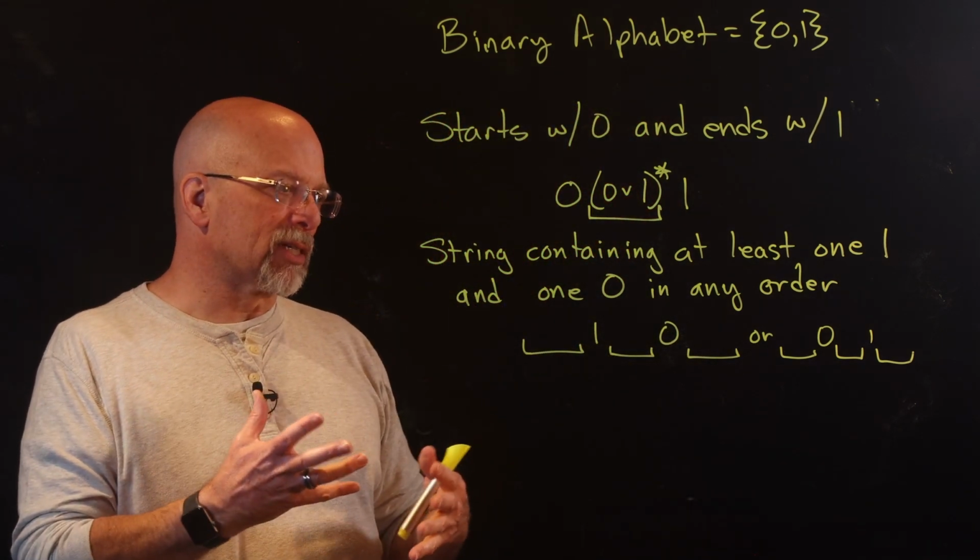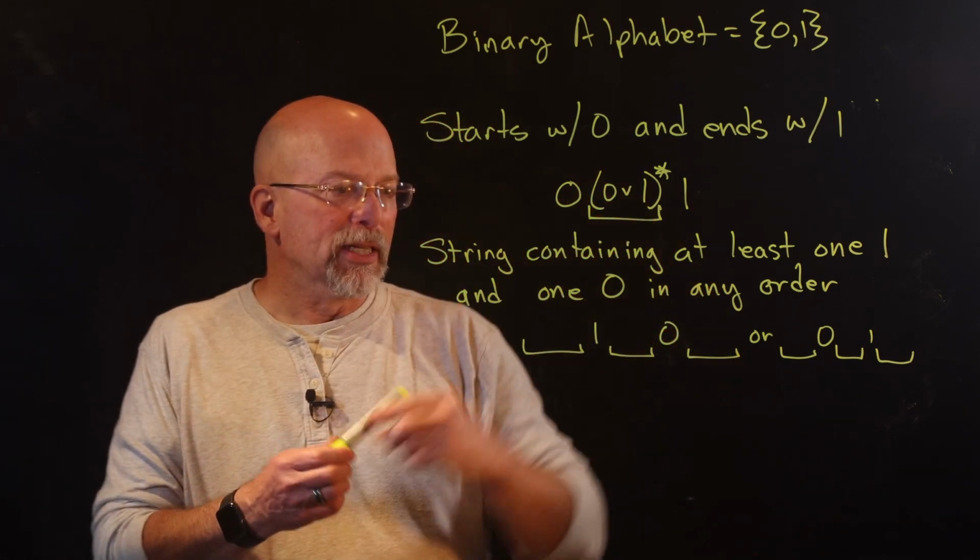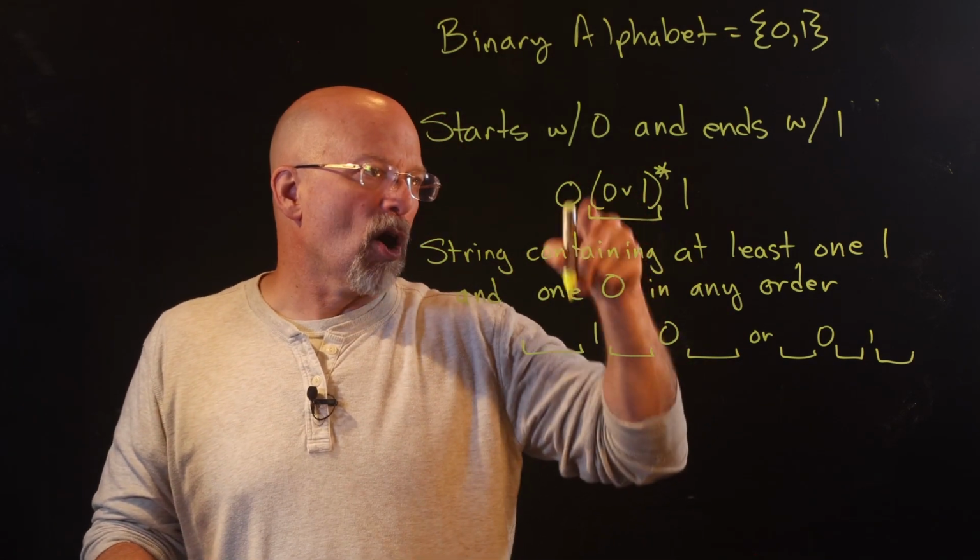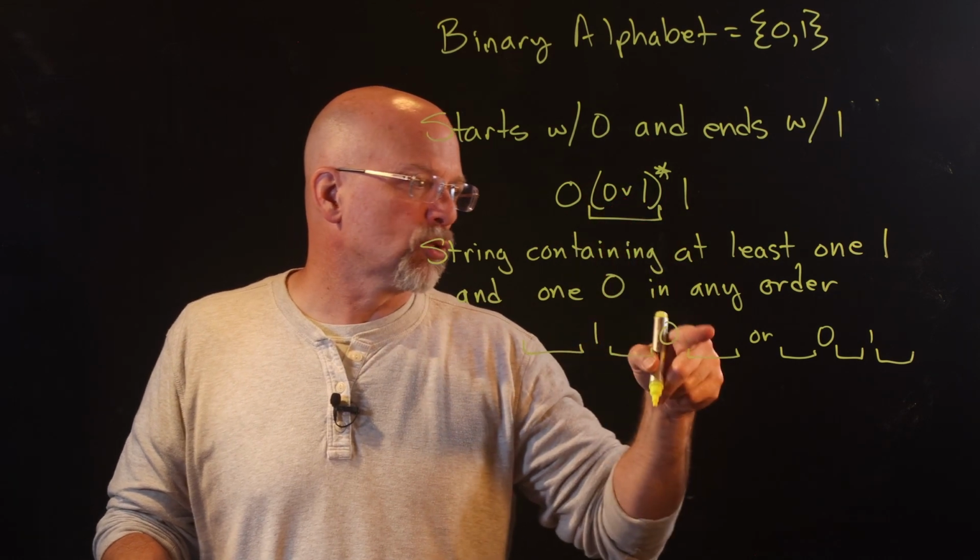Now, what I would like to suggest, because you can probably do this, is: here's any string. All we want to do is substitute that into each one of these blanks.